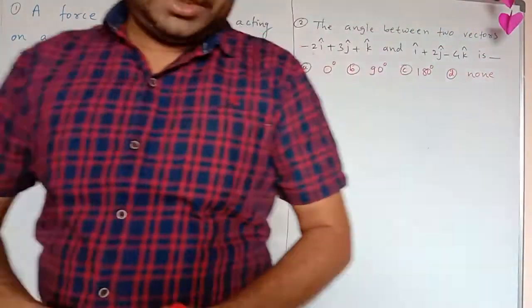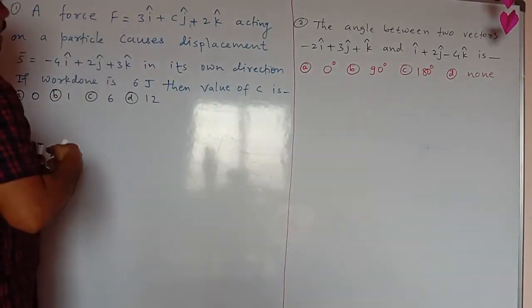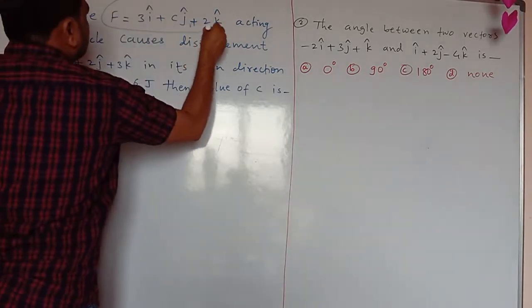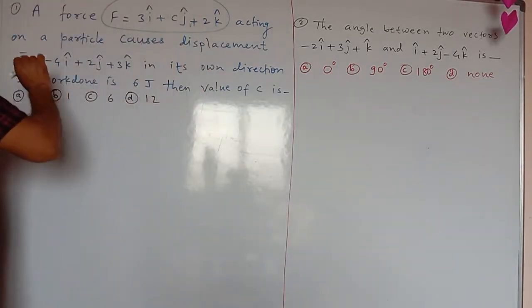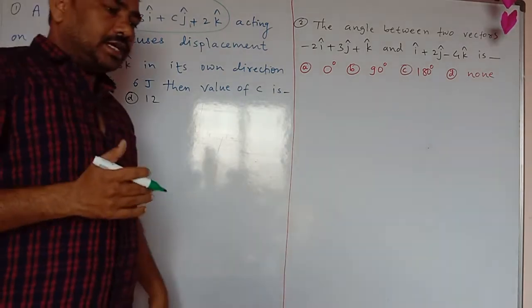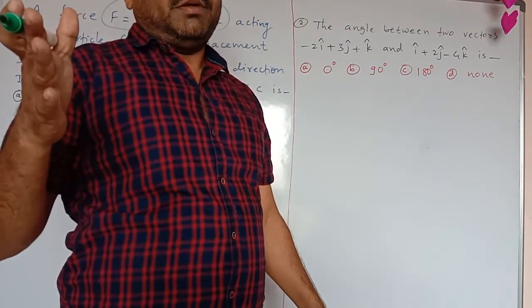Our first problem is a force F. It is given that this force acting on a particle causes a displacement. That is, when a force acts on a body, the body is displaced from its place.